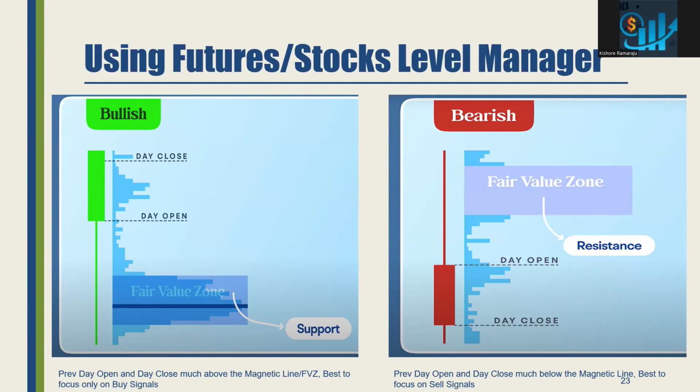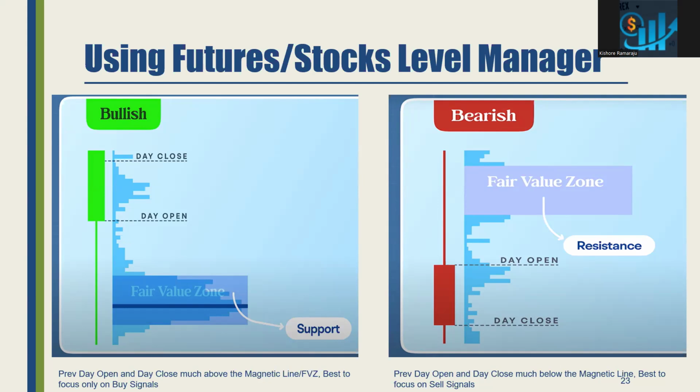This level is where there are a lot of buyers and a lot of sellers. If buyers can go above that level, buyers are taking control from sellers. If price goes below that level, sellers are taking control from buyers and it can be bearish.